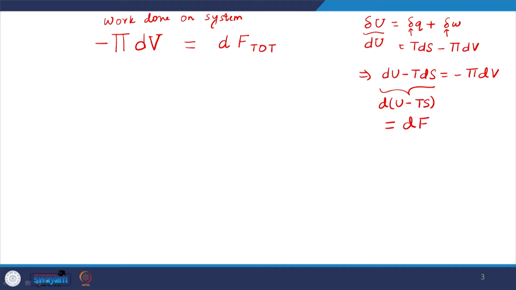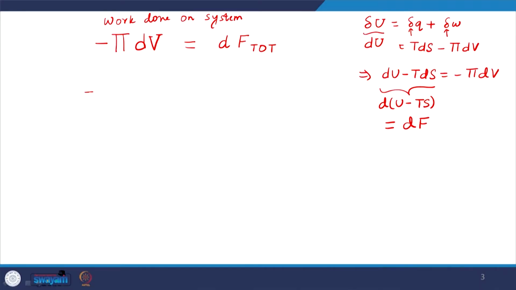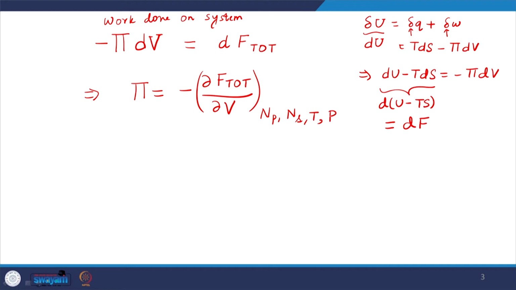So, change in Helmholtz free energy is therefore equal to the work done on the system, and therefore, we can define pi as minus del f by del V, and that is happening at constant values of the number of molecules, the temperature and the pressure of the system, right.